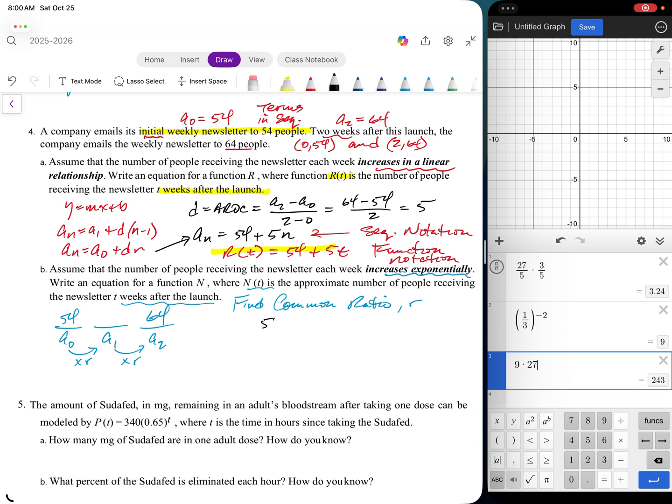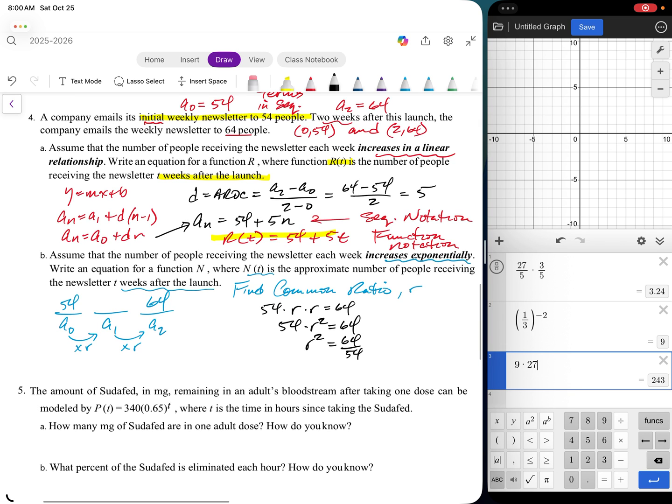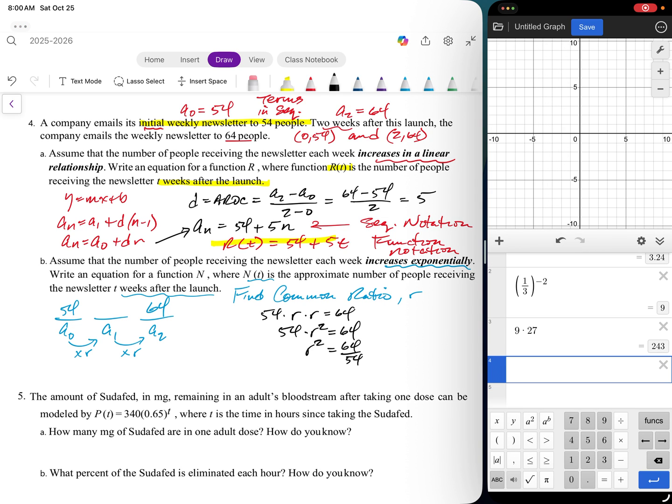54 times r is equal to 64. That gives you 54 times r squared equals 64. All right, divide by 54, you get 64 divided by 54. And this is where the calculator comes in. That is tough to do in your head, so you have to square root it.